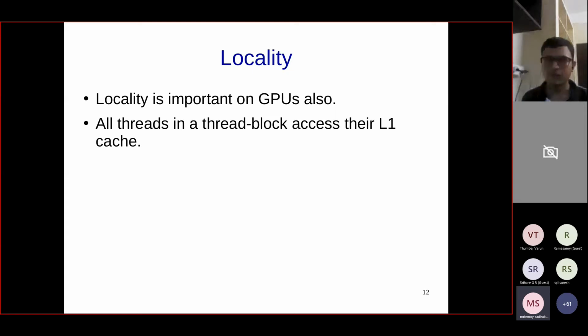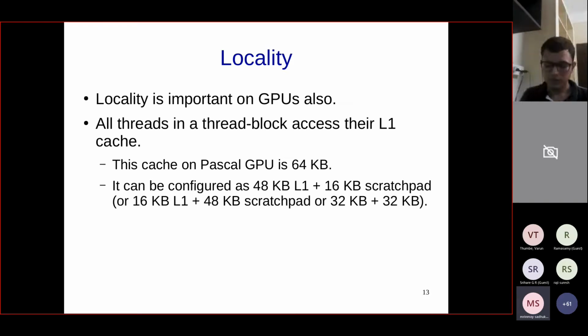We saw there are L1 and L2 caches. So locality is important on CPU as well as GPU, and all threads in the thread block access their L1 cache as well as the L2 cache. Typically the size of the L1 cache, which I talked about a couple of slides back, which is also known as shared memory, is 64 KB on Pascal GPU.